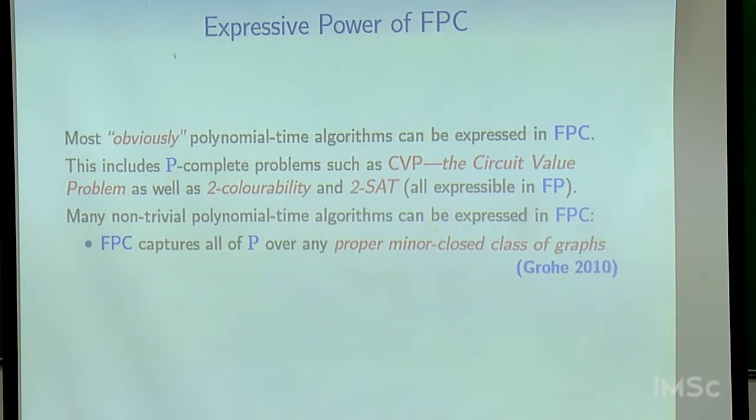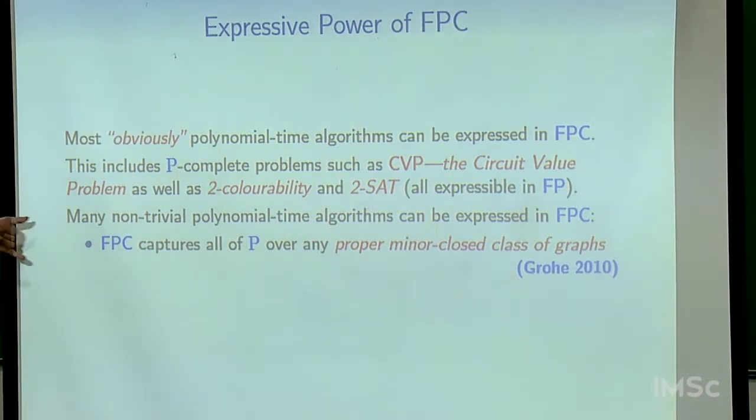Things which are not in fixed-point logic but still in FPC, well, there's this monumental result by Martin Grohe relatively recently where he showed that on any proper minor closed class of graphs, any polynomial time property can be expressed in FPC. I say this is a monumental result. It's not yet published in full form.